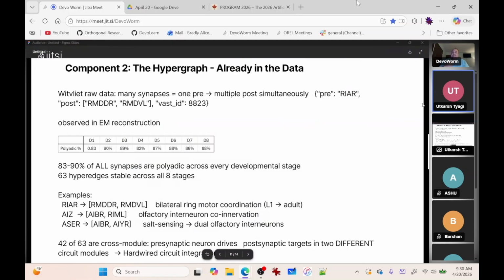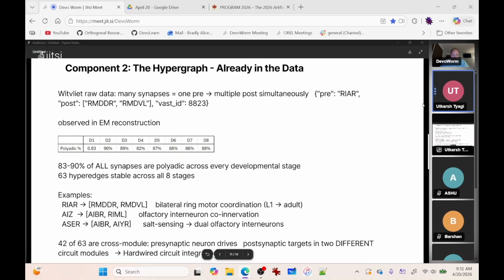So the second component is the hypergraph. In Witvliet, each synapse entry has a pre field, which is one neuron name, and a post field, which is a list of 1, 2, 3, or 4 neurons. It reflects that one presynaptic active zone can simultaneously release neurotransmitter onto multiple postsynaptic partners from a single release event.